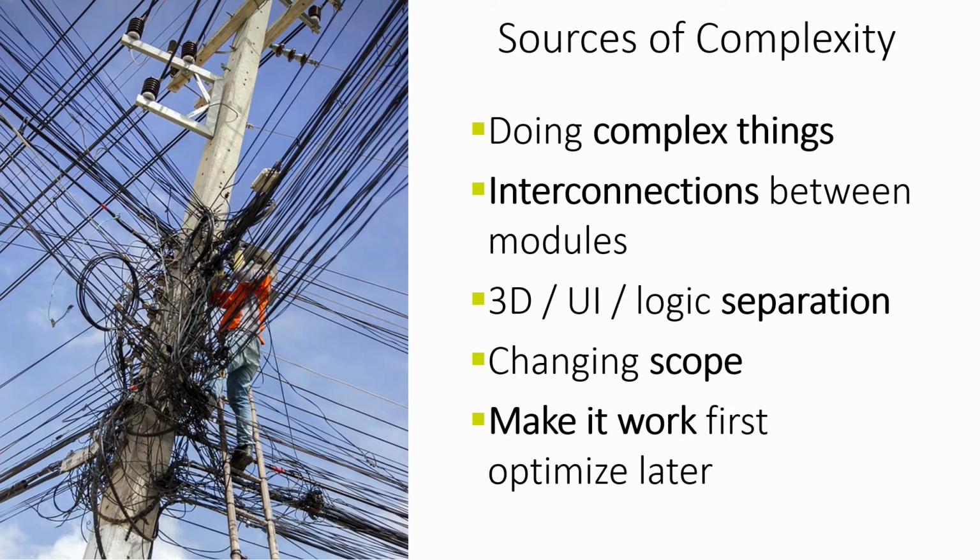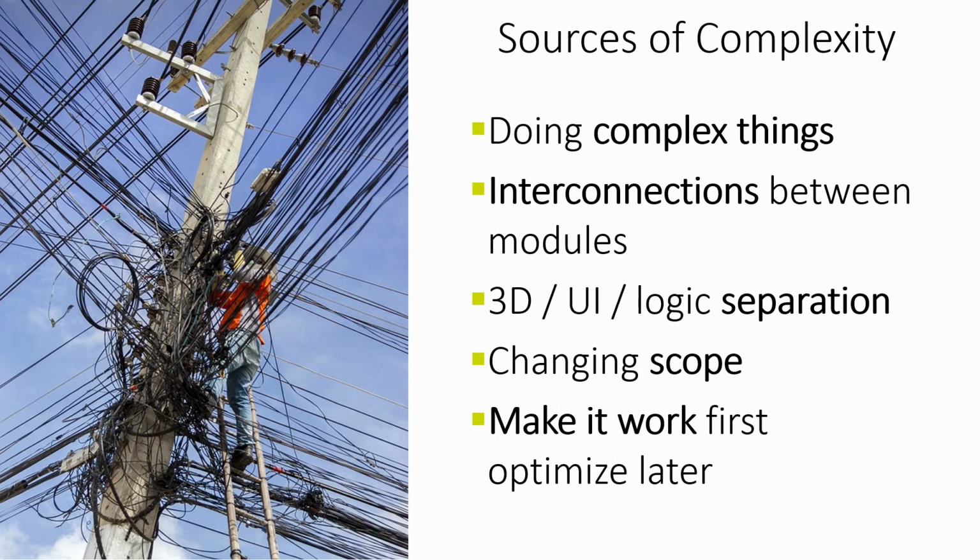We identified different sources. Of course, doing complex things introduces complexity, but we can't avoid that. It's research and people have their requirements, so we have to stay with that. But in terms of software engineering, interconnections between modules introduces complexity. This is known as coupling.